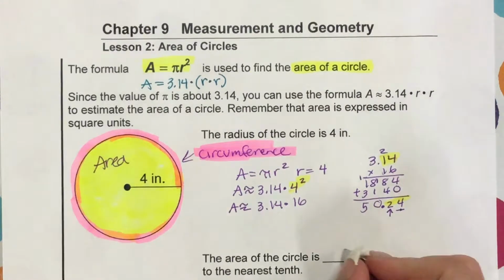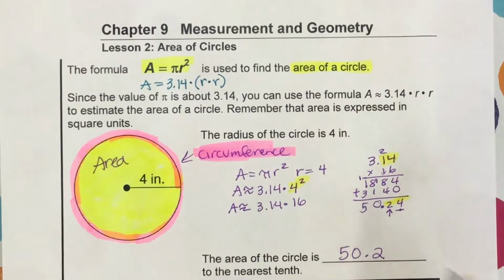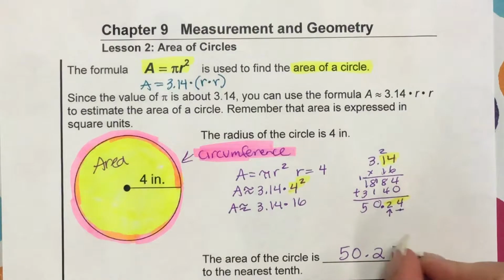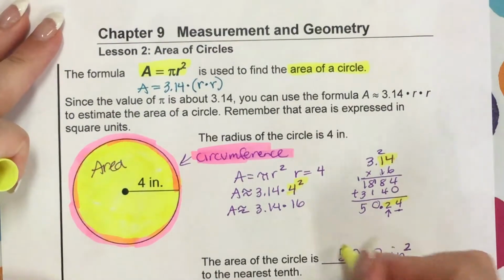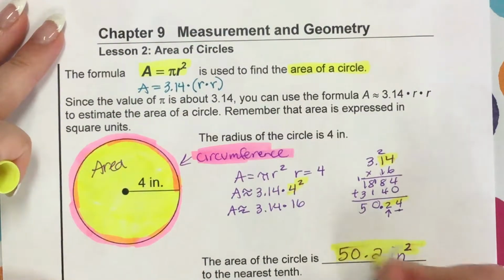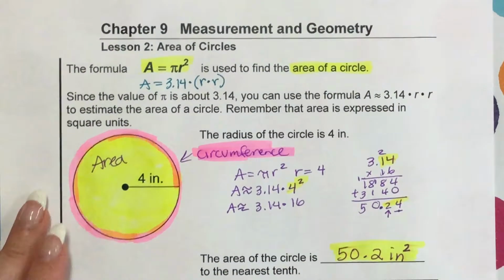It is not, which means our area is 50.2 inches, and whenever you're dealing with area, it's going to be inches squared. So our area is 50.2 inches squared, to the nearest tenth.